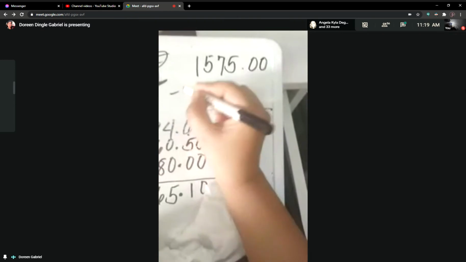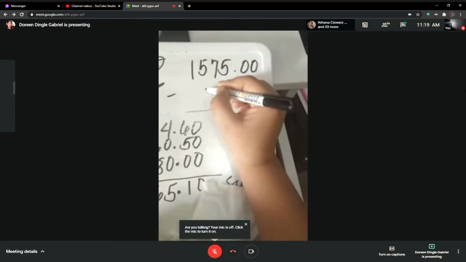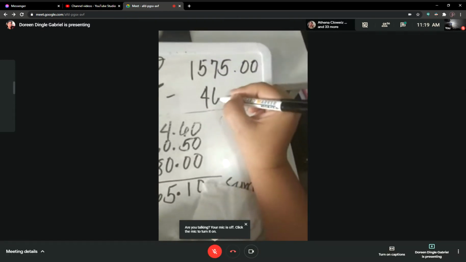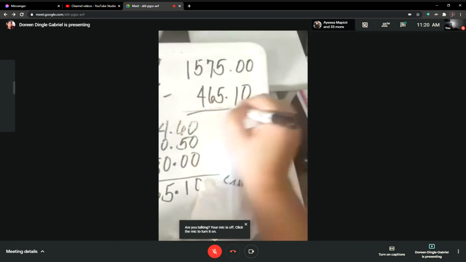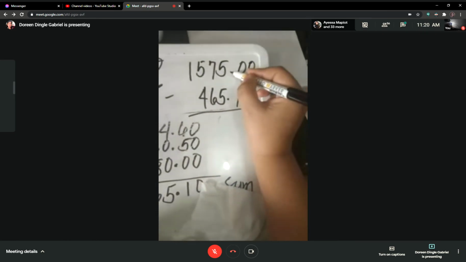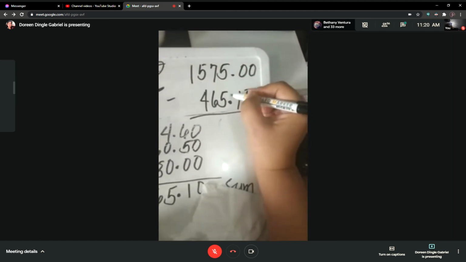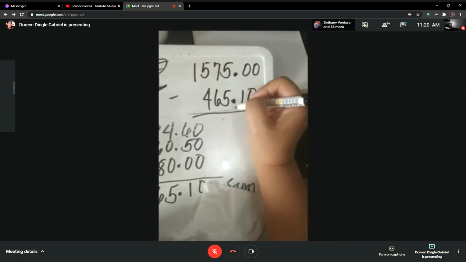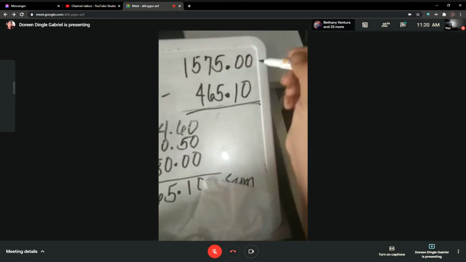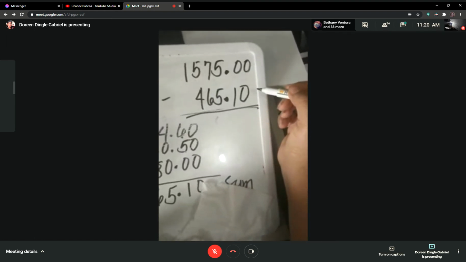So, minus, what is the total? You have again 465 and 10 centavos. Mga anak, since you are adding and subtracting decimals, kailangan po yung decimal point is in one column only as you can see here. So, you are now ready to subtract.